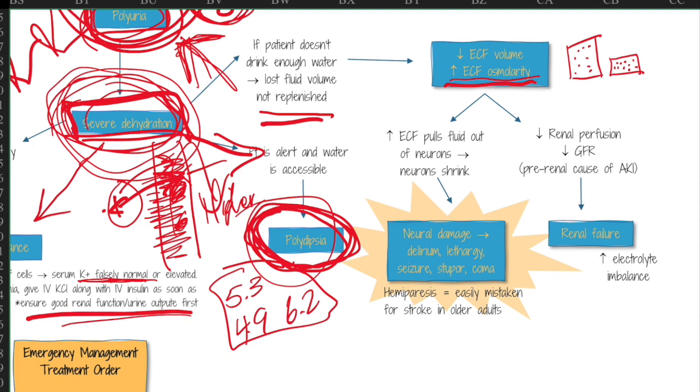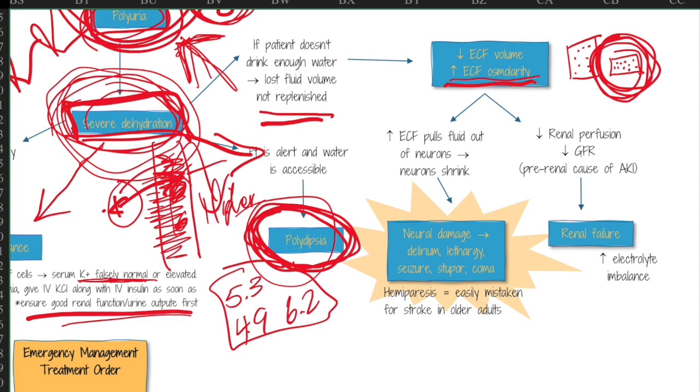The glucose, because remember we said that glucose is so much higher in HHS than it is in DKA. So DKA at this point has probably been treated or started being treated. By the time a person with HHS comes in, their hyperosmolarity is so bad that the extracellular fluid begins to pull fluids out of the cells.